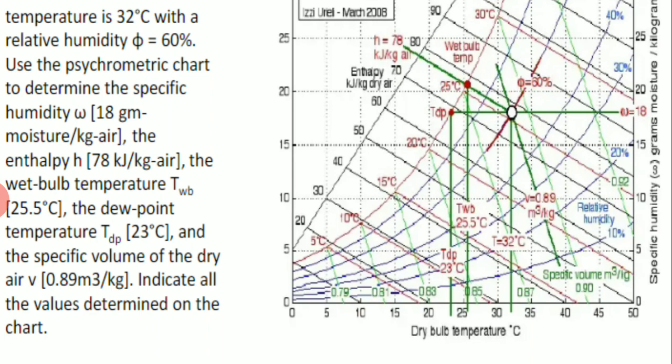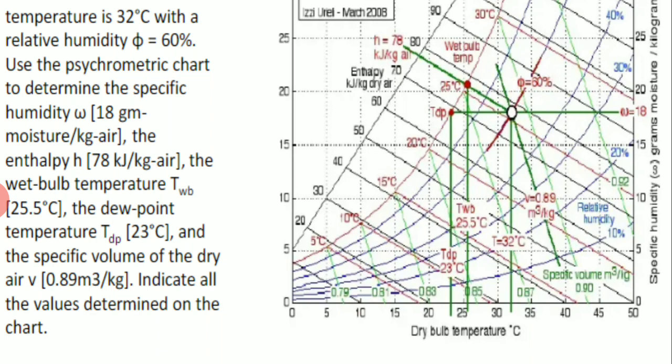After obtaining W, the second parameter is enthalpy. From that fixed point, take a scale parallel to the wet bulb temperature lines, and see the enthalpy values on the scale. That fixed point lies in between 70 kilojoules per kg and 80 kilojoules per kg.